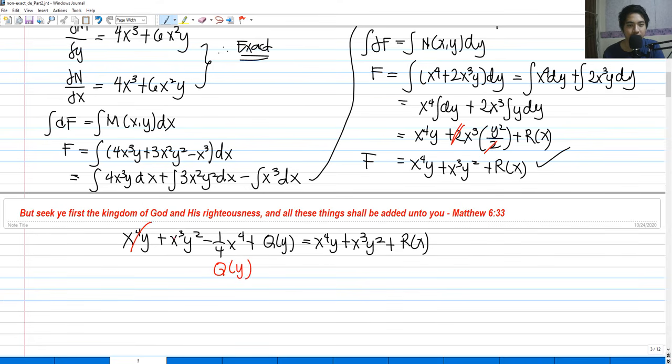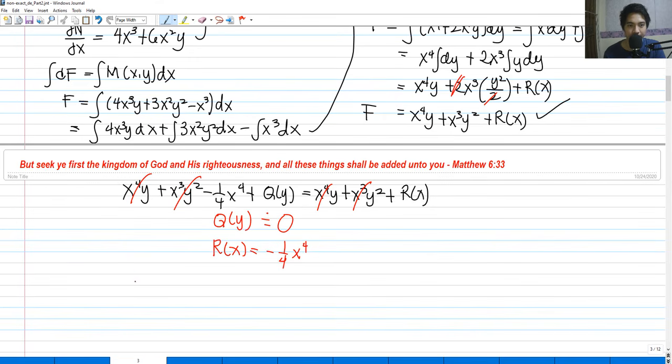Okay, this would cancel first, x raised to 4y. Then we have positive x cubed y squared. Q of y, are there any function on the other side of the equation purely in terms of y? We have none, so therefore that is 0. R of x, do we have a function here on the left side of the equation purely in terms of x? This is negative 1/4 x raised to 4.